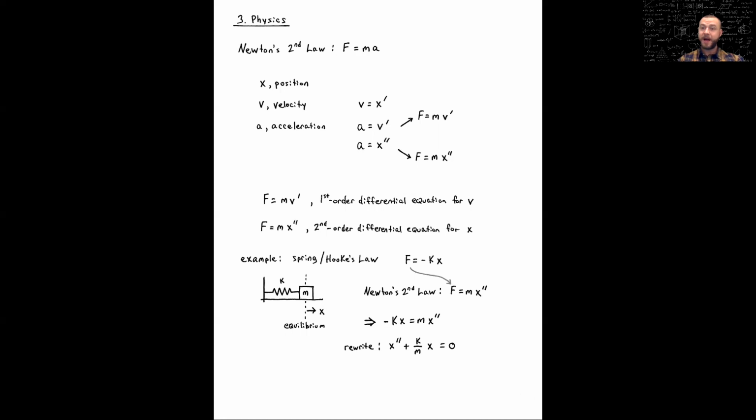All right, now let's keep in mind here, we expect to get sine and cosine as solutions to this, since we know if we displace that mass and then release it, when it's attached to a spring, it should oscillate back and forth, assuming no friction to slow it down.